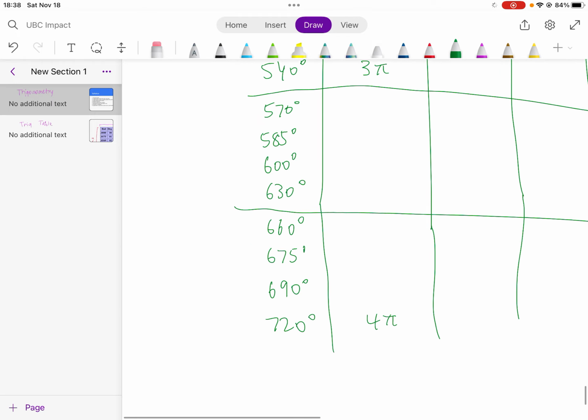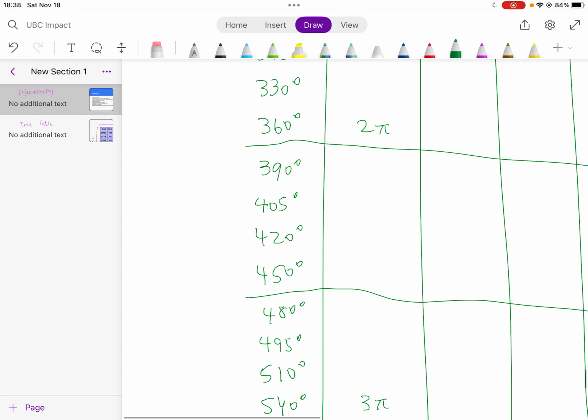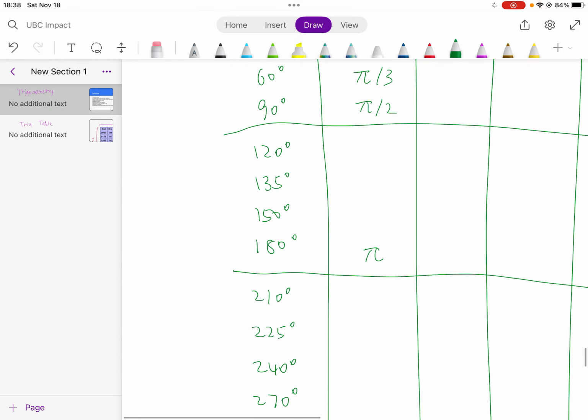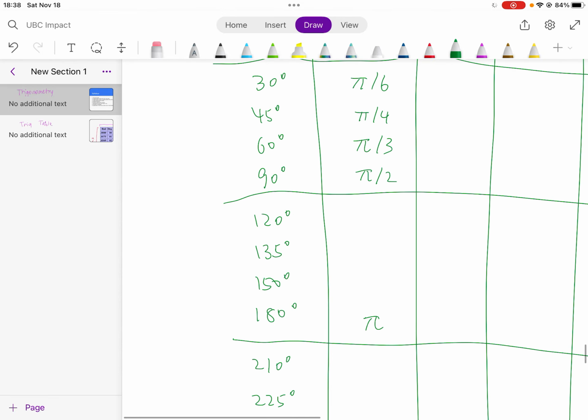So I'm not going to fill out everything, but you can see how this works, right? And where we're getting these values from. 120 degrees is 2 pi over 3, for example. And 135 degrees is 3 pi over 4. 150 degrees is 5 pi over 6.